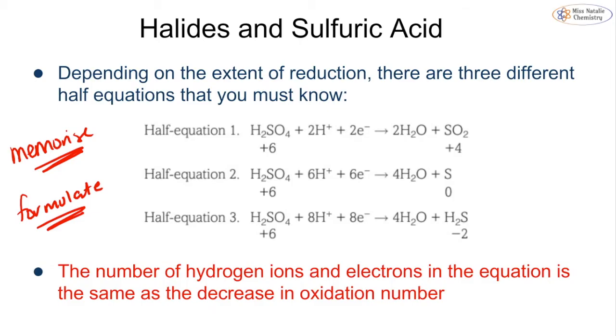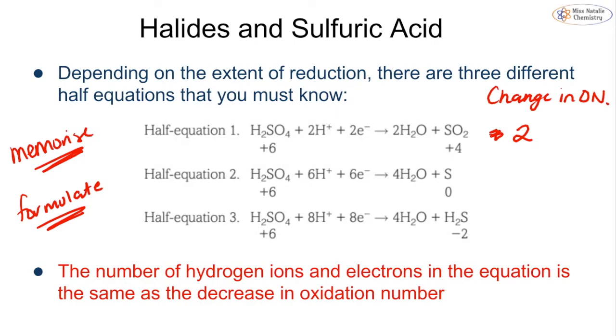So in sulfuric acid, our oxidation number of the sulfur is going to be +6. And depending on how much it is reduced will depend on how much the oxidation number changes. So you can see that when it is slightly reduced to make SO2, the oxidation number changes from +6 to +4. So you get a change in oxidation number of 2.